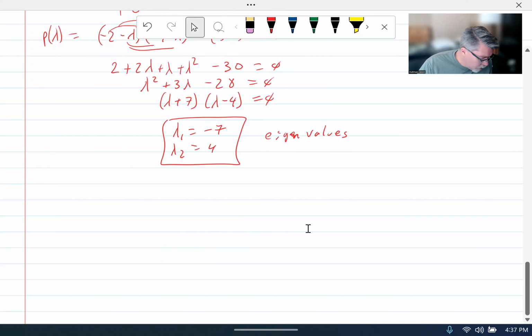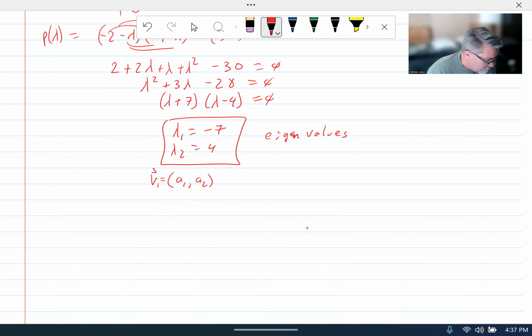Now, how am I going to find the eigenvectors? Well, to find the eigenvectors, we're going to use the eigenvalues that we found and solve for the eigenvectors. So I want V1, and I'm going to let V1 equal A1, A2.